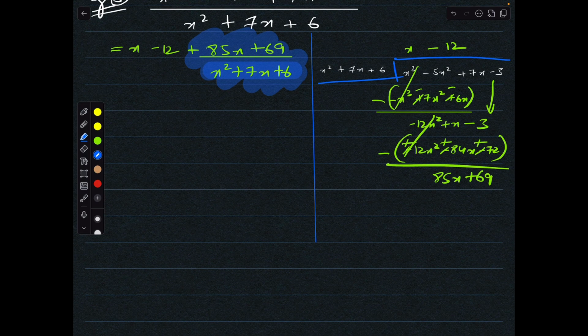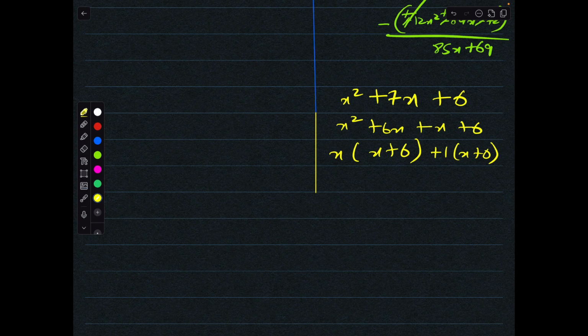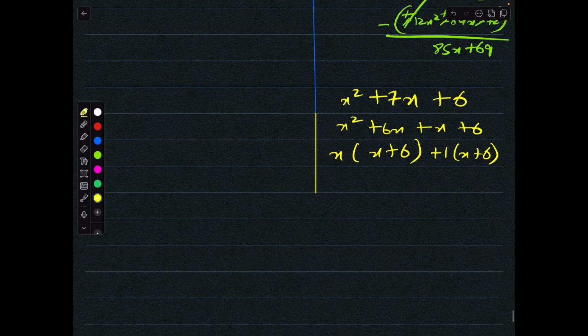So let's start by factorizing the denominator by breaking the middle term. So x square plus 7x plus 6, where plus 7x can be written as plus 6x plus x, and x taken out, x plus 6, 1 taken out, x plus 6.